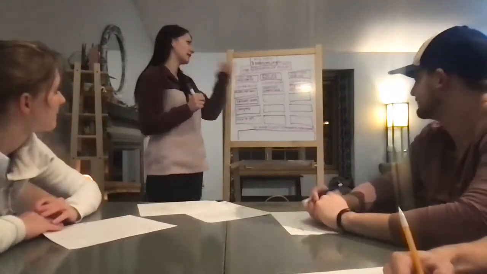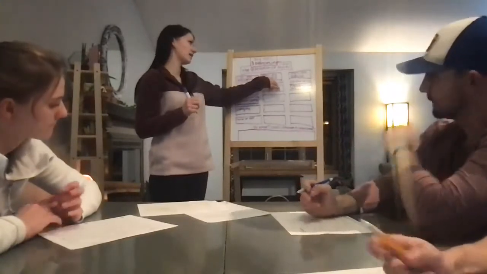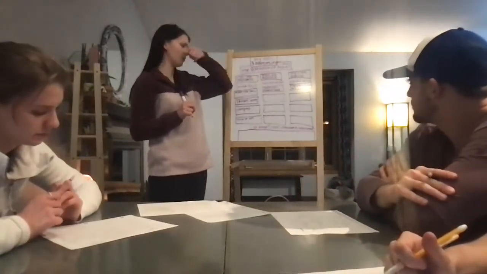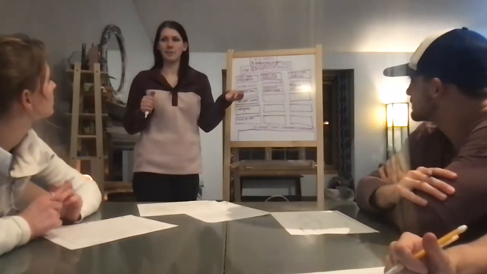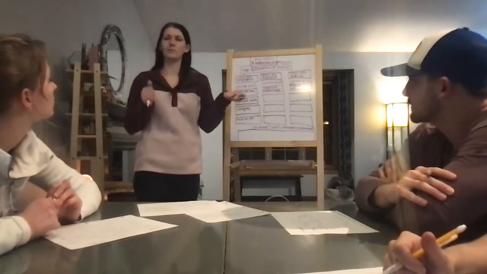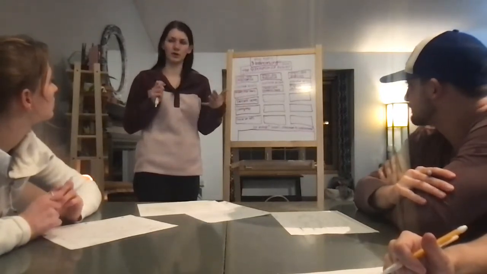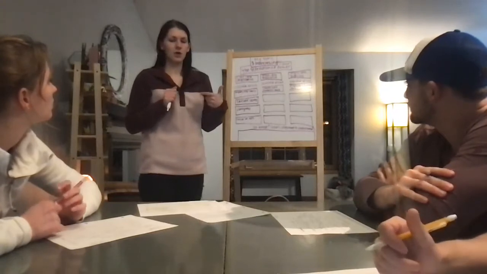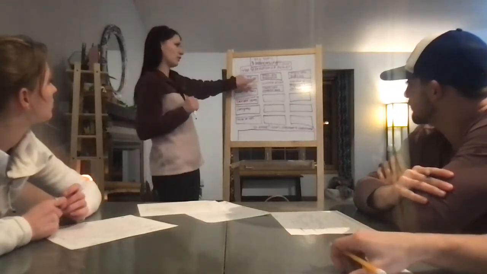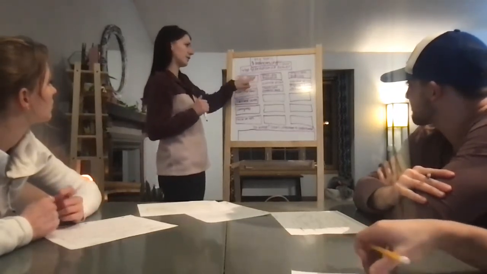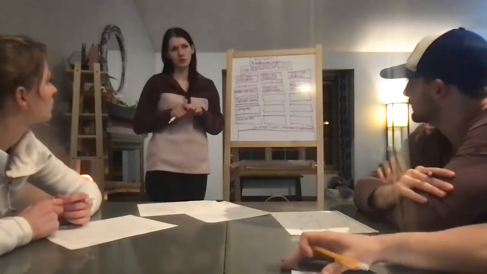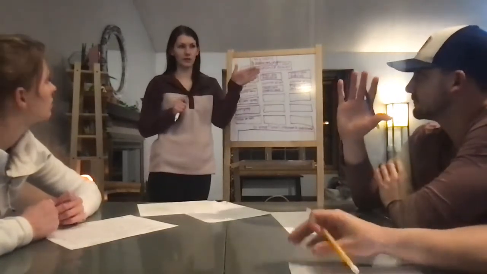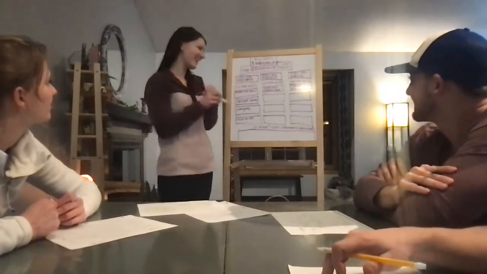Okay, so under executive, when you think of the word executive, you think of the top person in a company or someone that's super important. So who do you think would work under the executive branch when you think of the word executive? The president. Yes.